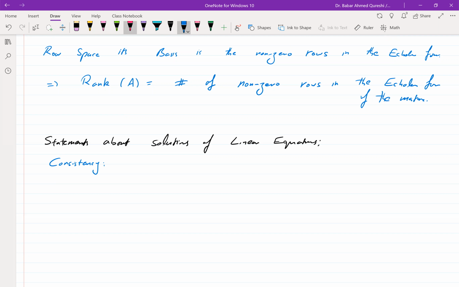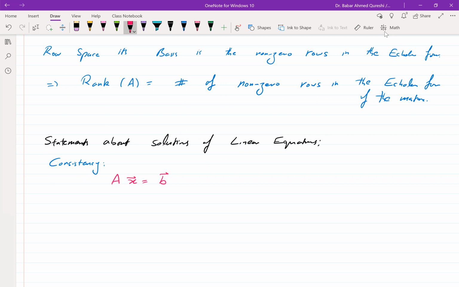I know that I can write a linear system in this form, where A is m by n, x is an n column vector, and B is an m column vector.